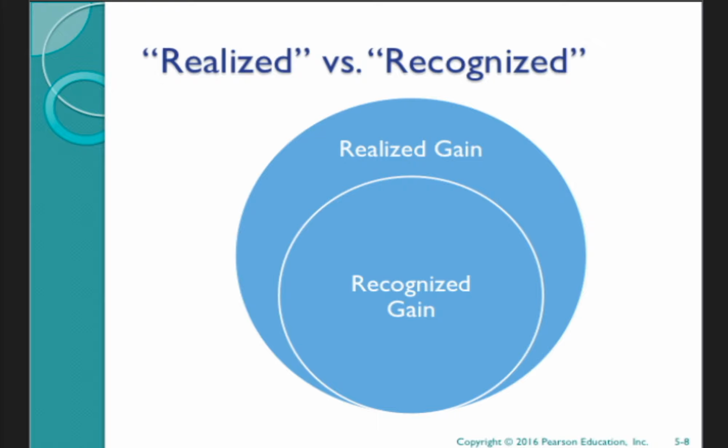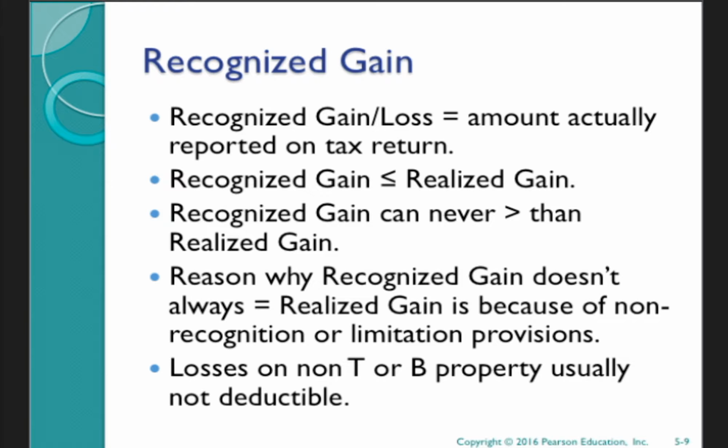Okay? But everything that you are taxed on that's considered a recognized gain would obviously first be considered a realized gain. So a recognized gain or loss is just the amount that's actually reported on the tax return. So again, just like that previous graphic showed you, the total amount of recognized gains and losses is going to be less than, or at most equal to, realized gains and losses.